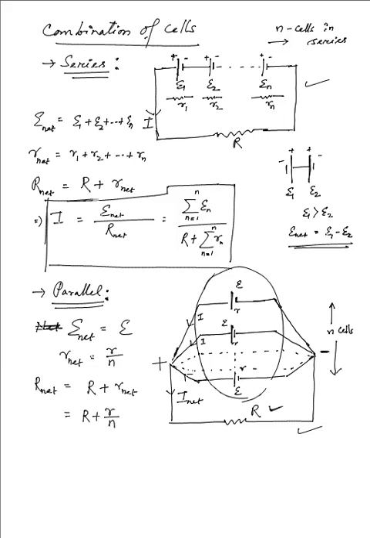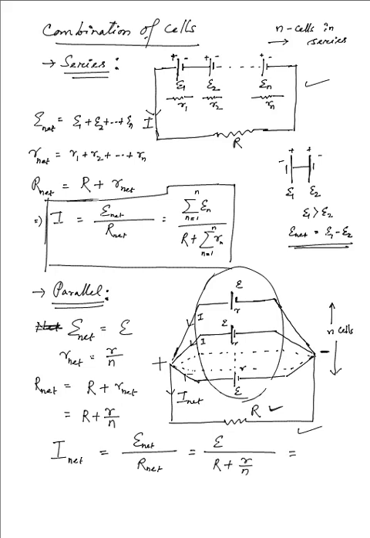Now with that done and dusted, we have the net current flowing across the circuit equal to E net divided by R net, as is the case every time. So we have this to be E divided by R plus r by n.